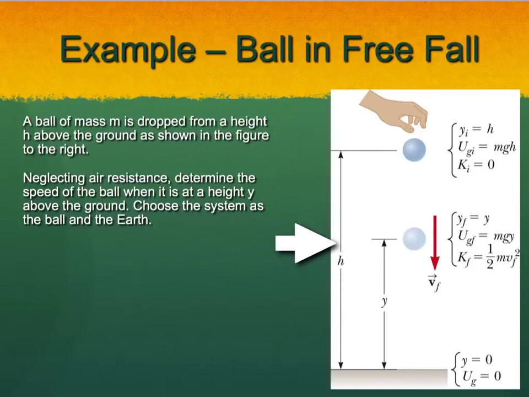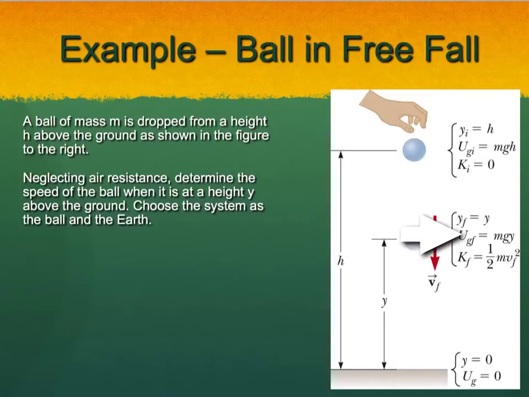We can say that our initial vertical position, our initial y, is h. And we know that the gravitational potential energy initially is just mgh. I know that the kinetic energy, if this ball is starting from rest, since I haven't dropped it yet, is just going to be 0. I know that the final y position is going to be y, because that was the height of it above the ground.